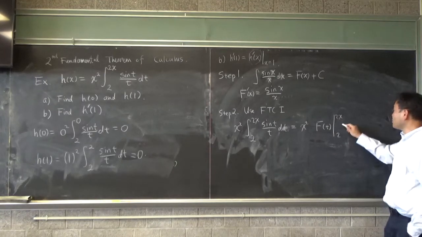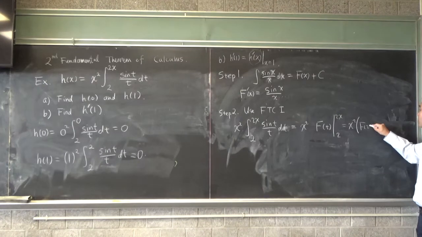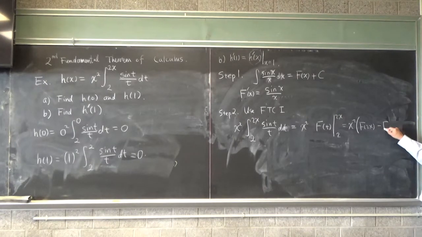So this is really x squared times F of 2x minus F of 2.